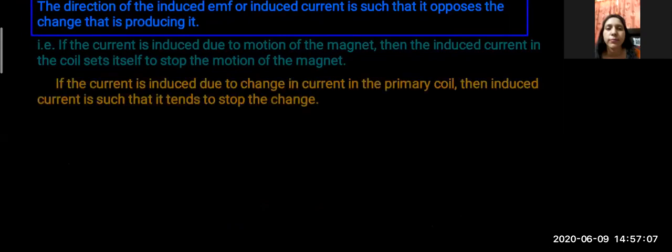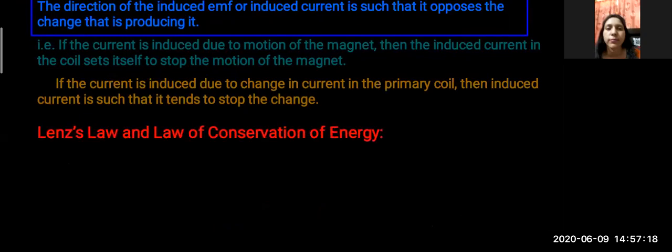Clear? If the current is induced due to the change in current in the primary coil, then the induced current is such that it tends to stop the change. Okay. Lenz's law follows the conservation of energy. Lenz's law is a consequence of the law of conservation of energy.